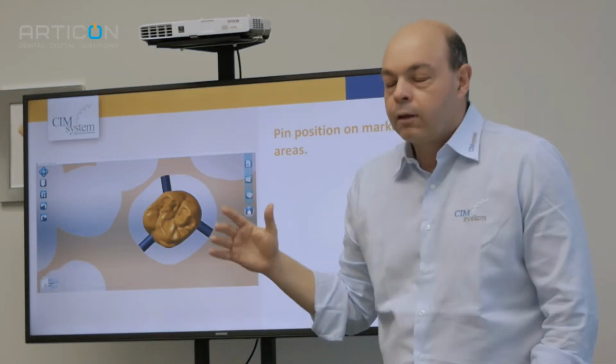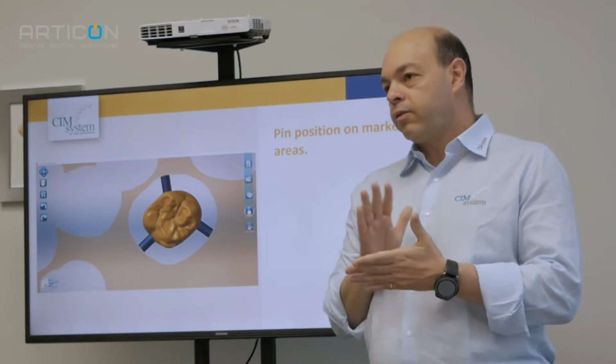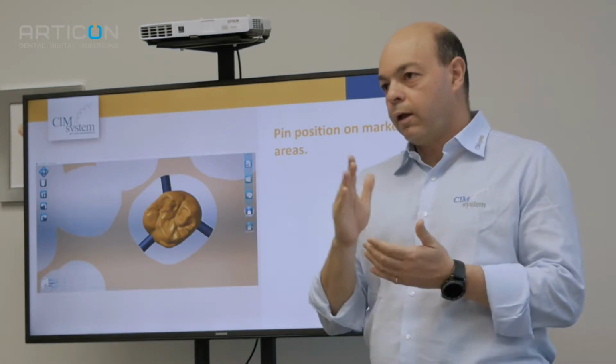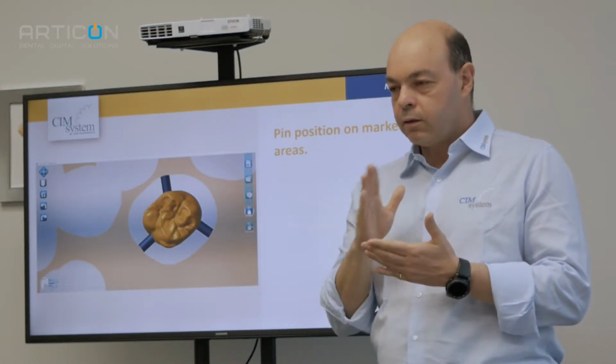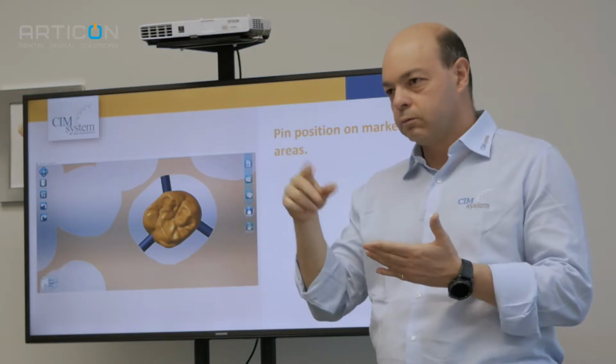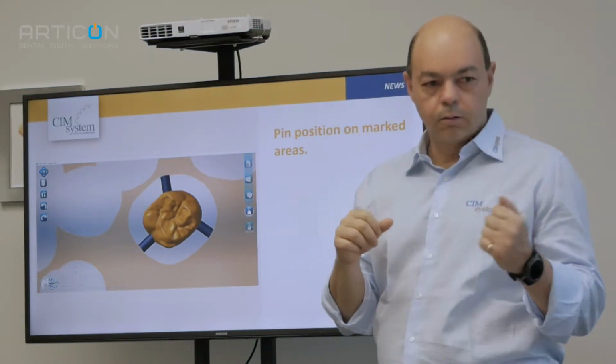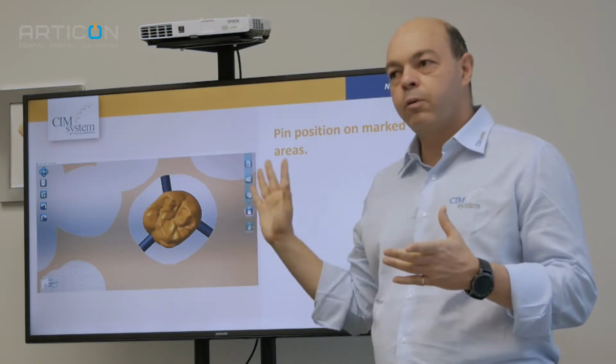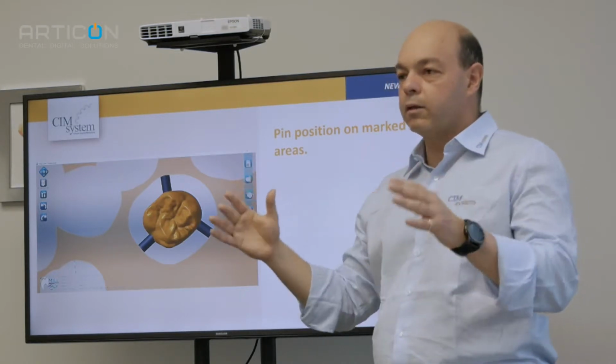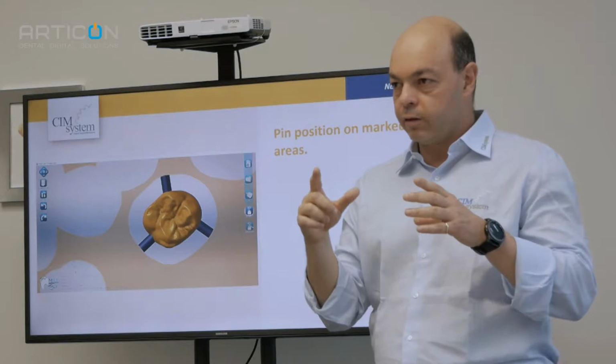Now, it's automatic if I have 3Shape and I need to set one parameter in 3Shape, I don't know where, the manufacturing output. If you have 3Shape, you don't need to use the software. It's automatic. When I import, it recognizes this area.